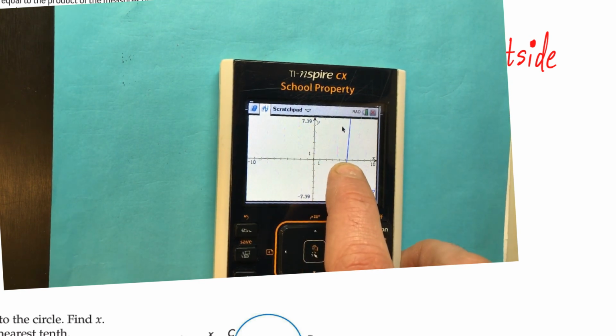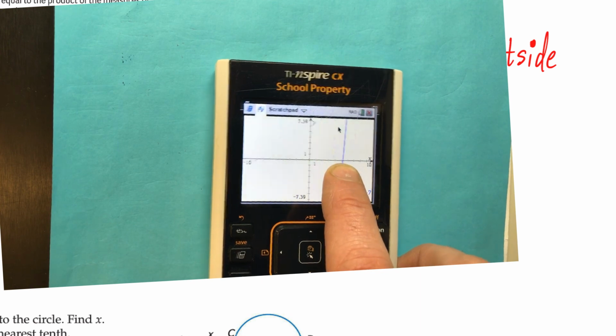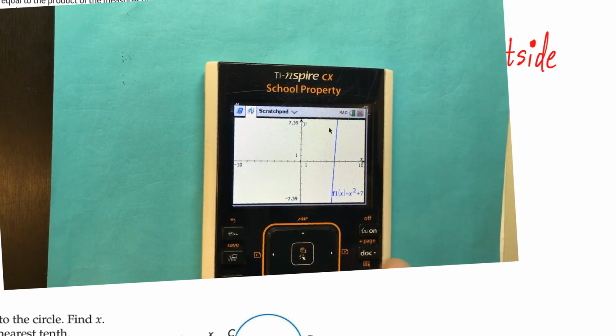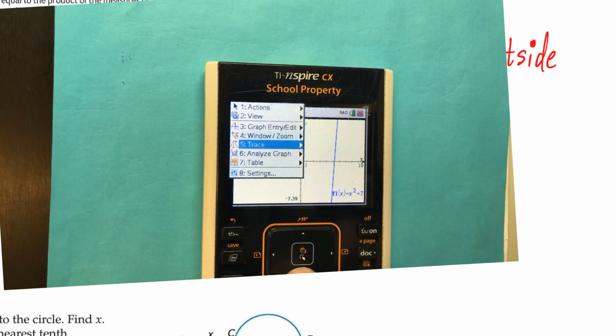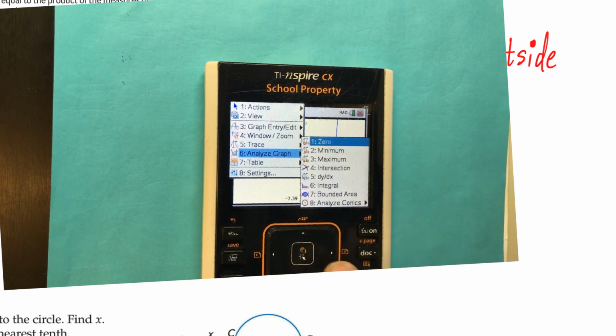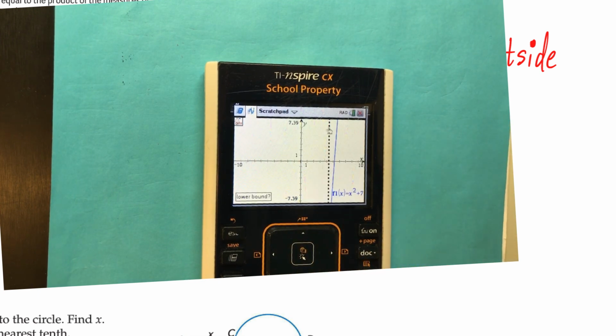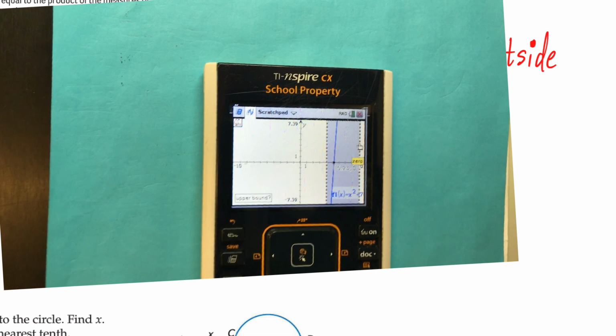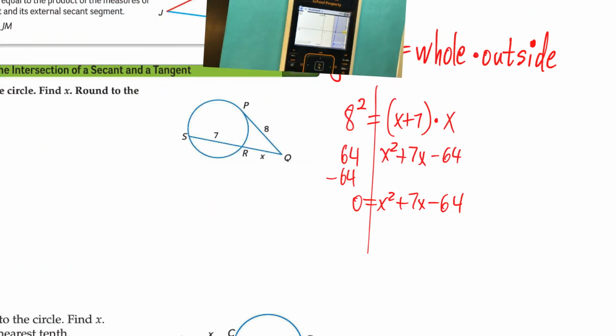This one crosses a little more than 5, so it's not exactly 5. How can I find exactly where that crosses? Go to Analyze Graph, and we want to find the zeros, of which there are going to be 2, but all I care about is this one right here, 5.23. There are a bunch of different ways we could do it; this is just the quickest way. So 5.23.